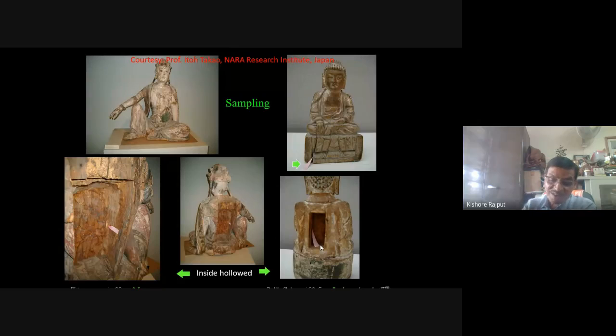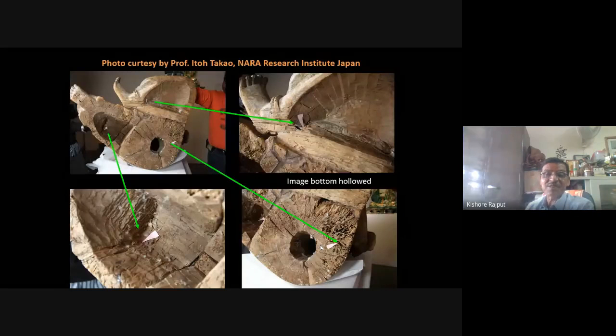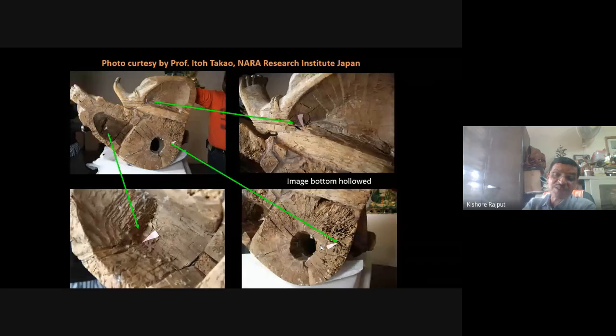But of course, you need influence. No museum will permit you to obtain samples, and naturally you cannot make a big hole. But at least a few millimeter wide samples you can take. This is how they sample the statues, so that even religious people will not get sentimentally hurt, because they cannot see from the front side that the image is damaged.